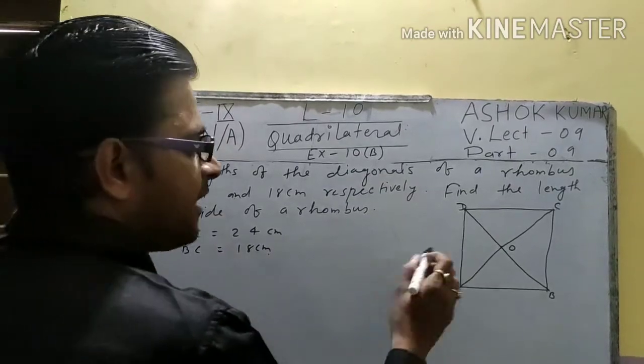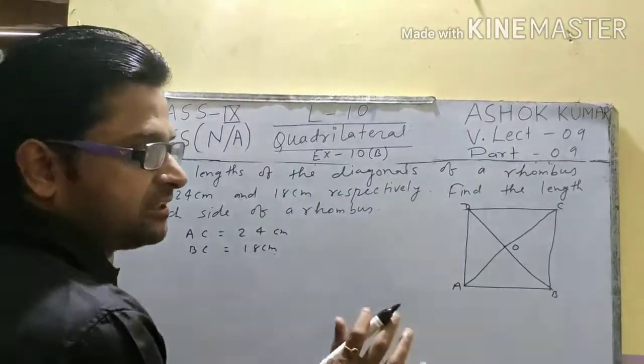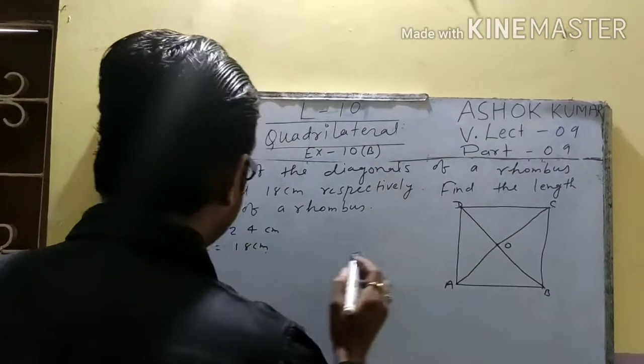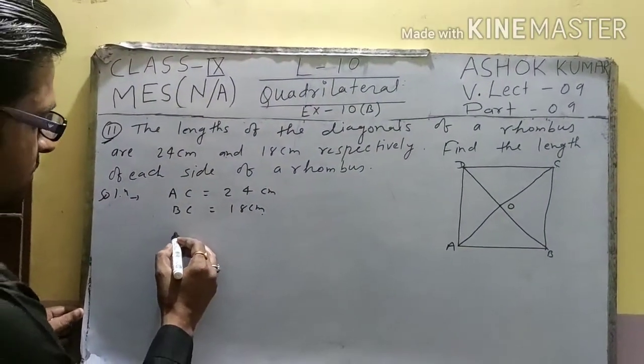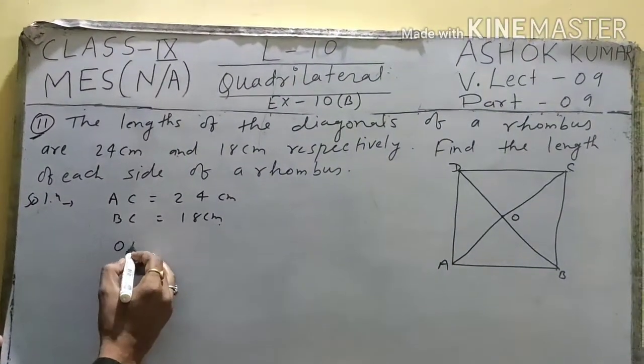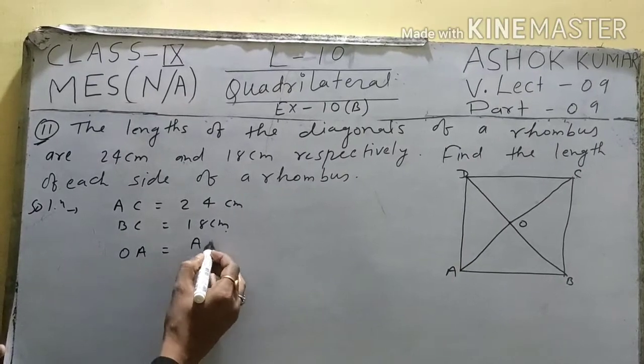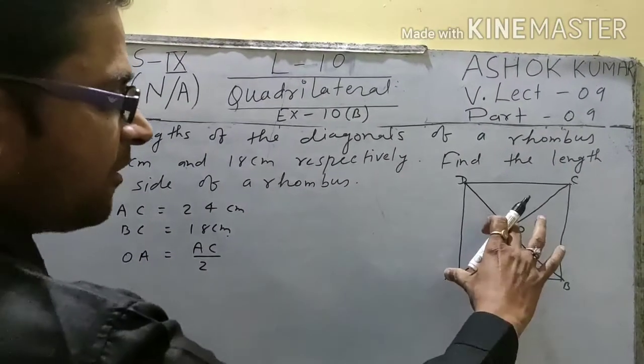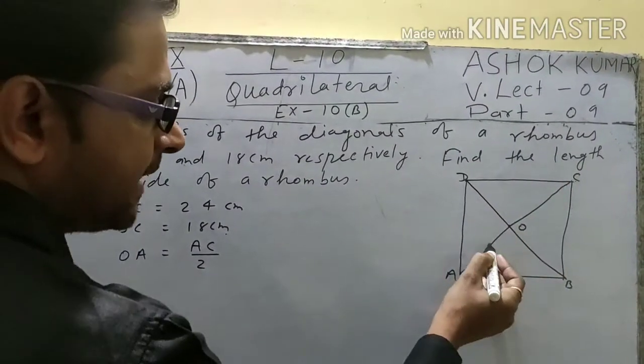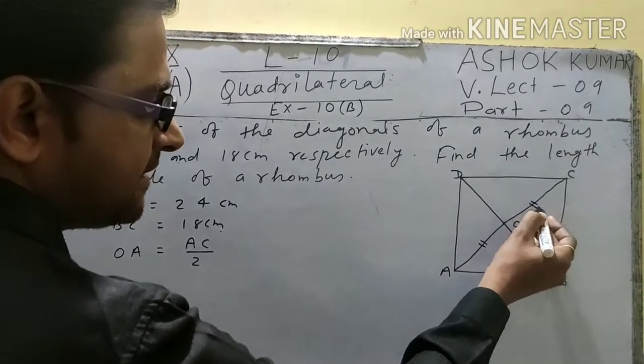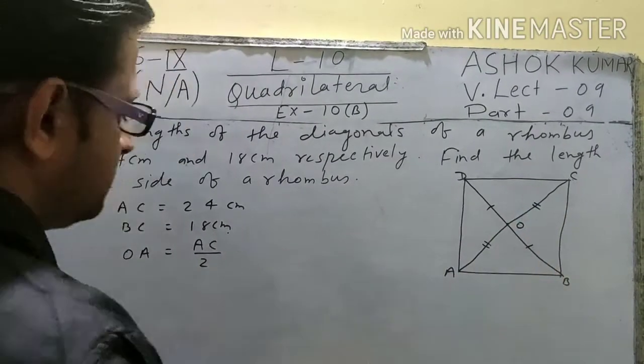We know that diagonals of a rhombus bisect each other. So OA is equal to AC by 2, because diagonals of a rhombus bisect each other. That means this side is equal to this side and this side is equal to this side.